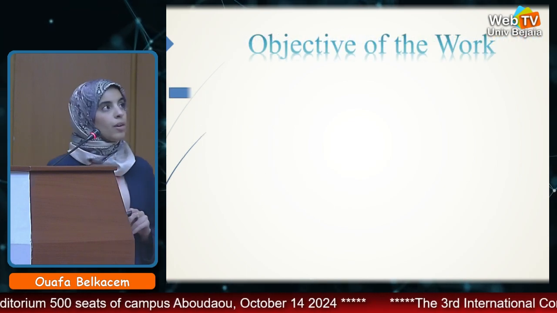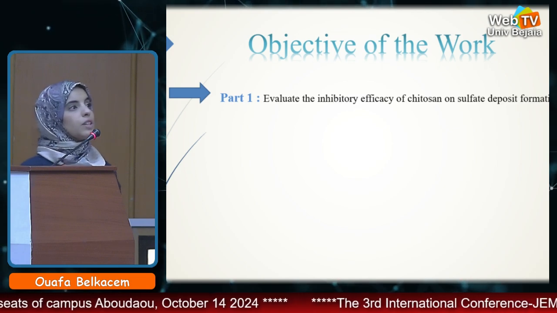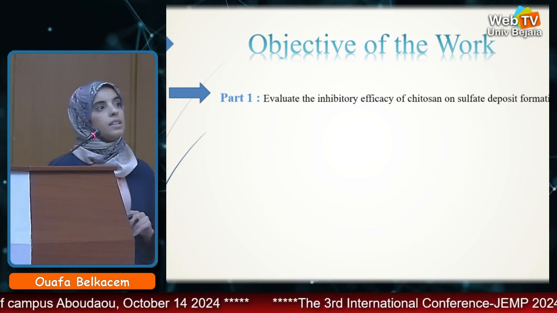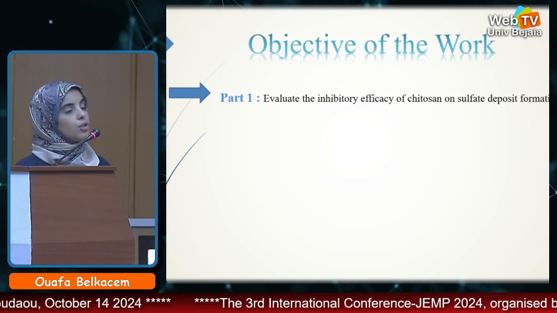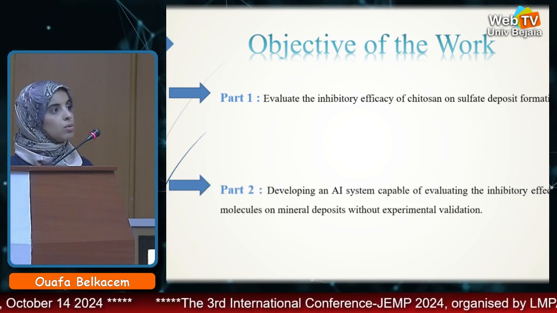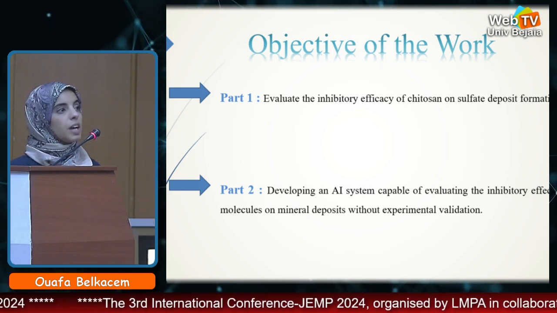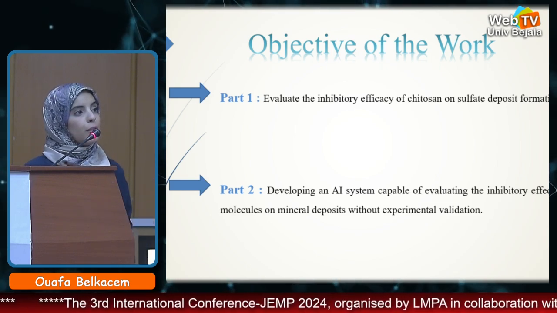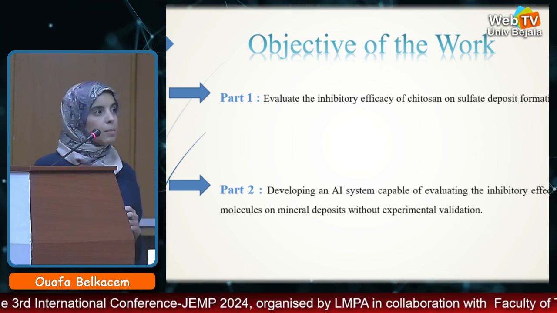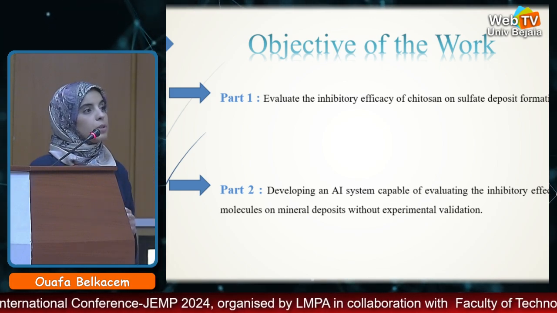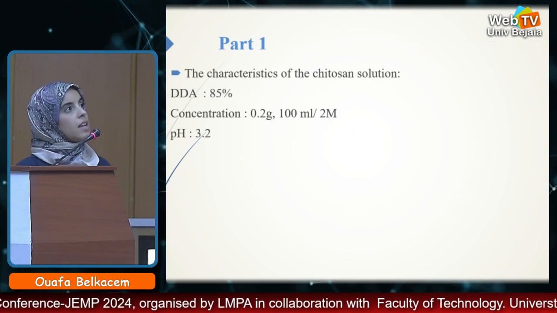The objective of this work has two parts. Part 1 is to evaluate the inhibitory efficacy of chitosan on sulfate deposit formation by measuring the turbidity. In part 2, we start to develop an AI system capable of evaluating the inhibitory effects of polymer molecules on mineral deposits without experimental validation. Material and methods.